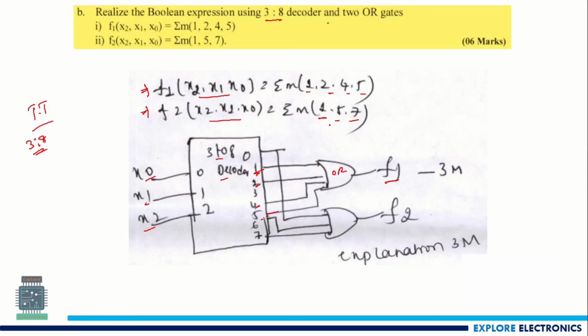Similarly, the second function has 1, 5, 7, so take 1, 5 as well as 7 into the second OR gate, and that gives F2. Here this should be connected to 1, this to 5, and this to 7.